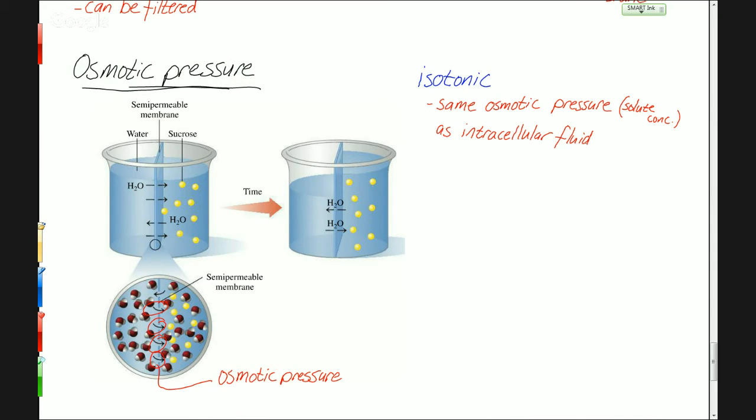So a solution with the same osmotic pressure as the fluid inside the cells will not exert a pressure on the cell, so water won't flow into the cell, and it won't exert a negative pressure either, so water won't flow out of the cell. It'll just be balanced. That 0.9% sodium chloride solution is an example of an isotonic solution, and that's why we use it for things like intravenous fluid delivery.